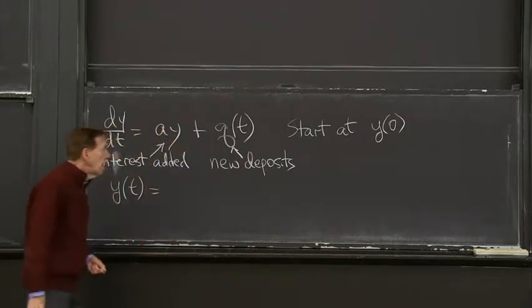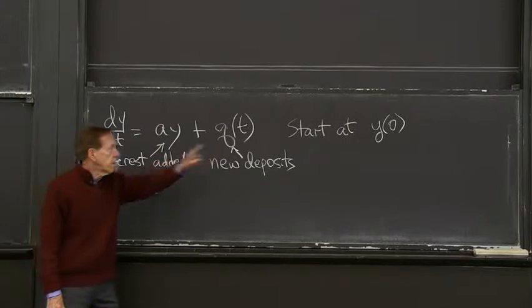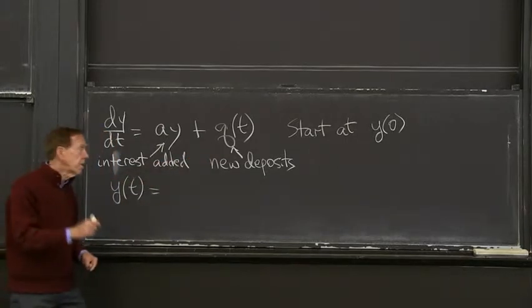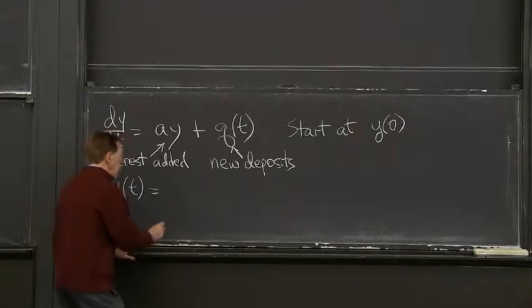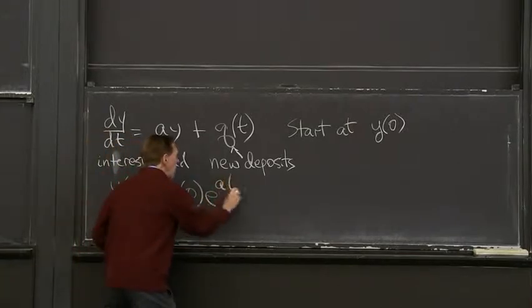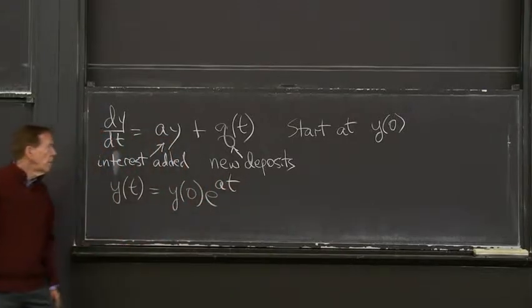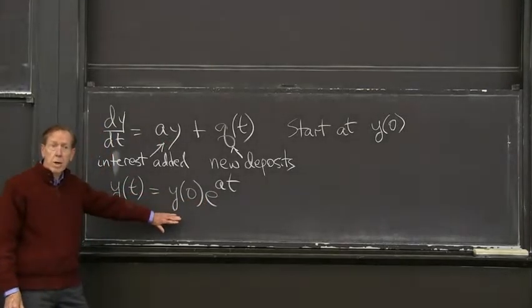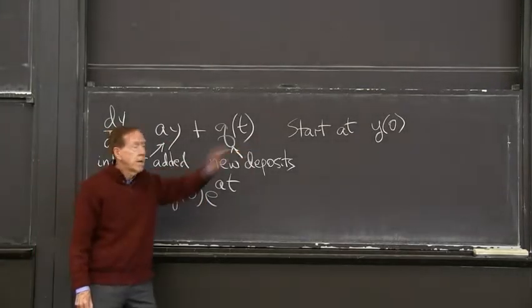Okay. So first, the y of 0, that's a once-in-a-lifetime deposit to start the account. And it grows, as we know, with the interest rate as the exponent. So that's the null solution that matches the initial condition.